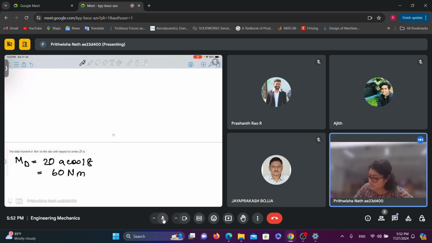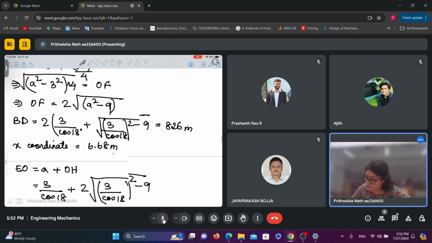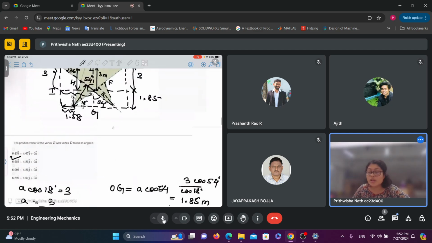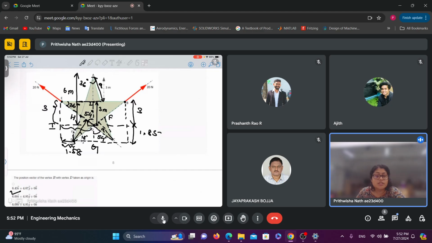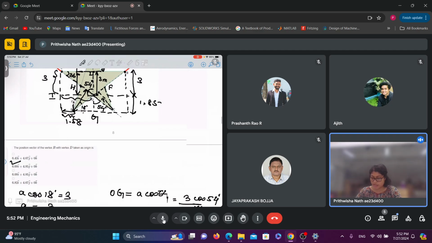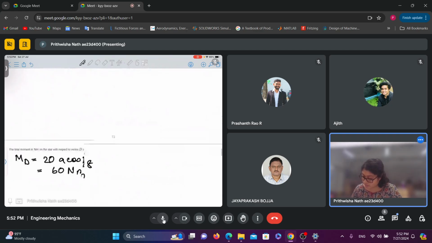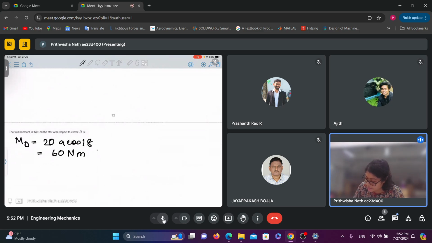And what is the direction of this moment? Can anyone tell? Yes. So if we consider anti-clockwise as the positive moment, so this will have a positive sign only. So anti-clockwise direction.